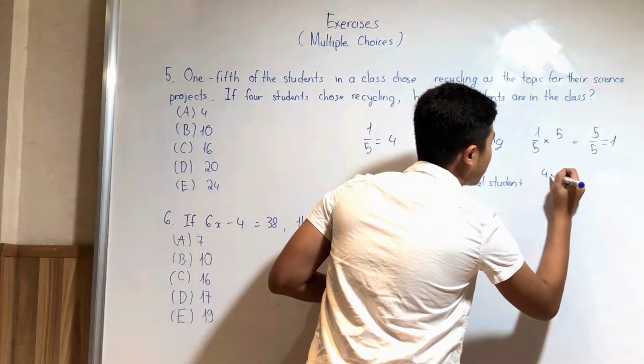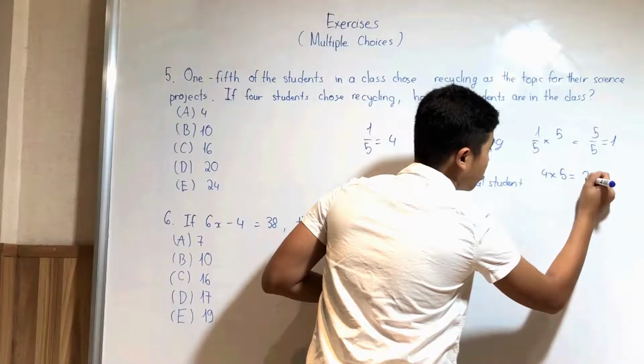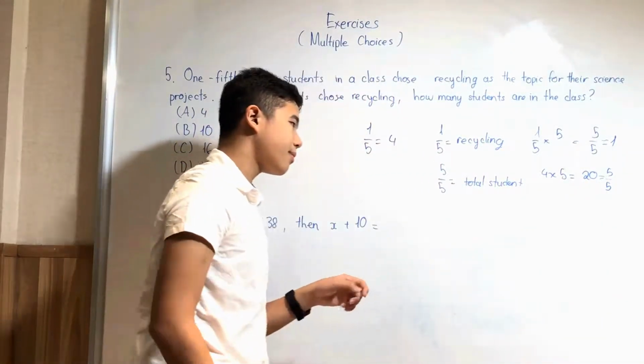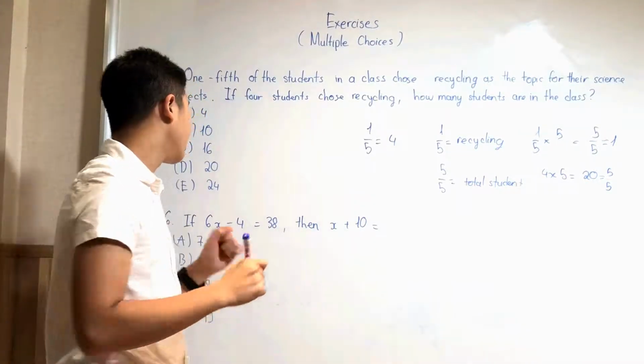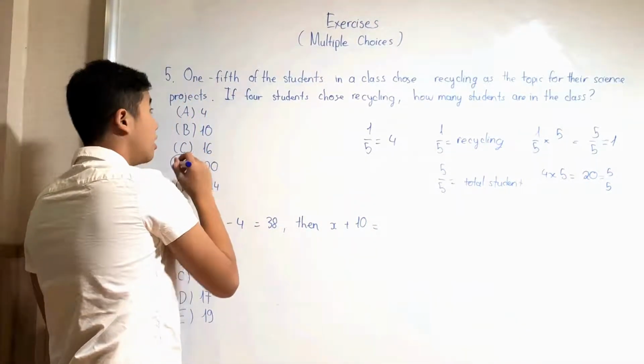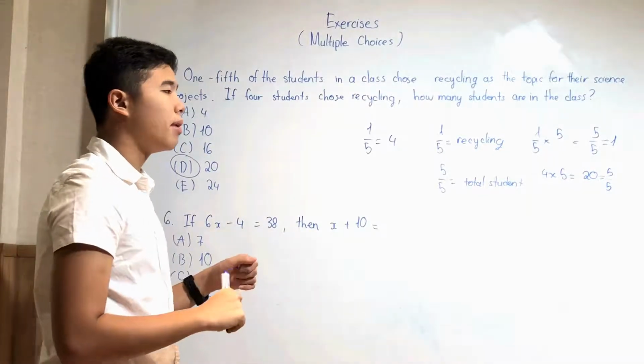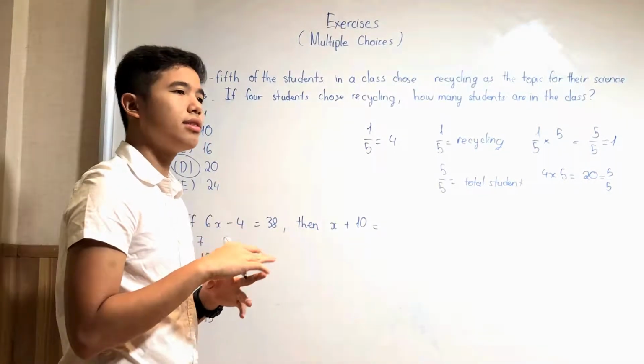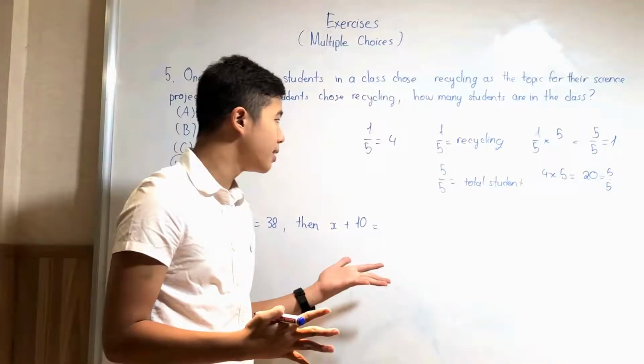So 4 times 5 equals 20. So the answer we got here is 20. Pretty easy, but it's harder than those before, so you need to focus to be able to understand it.